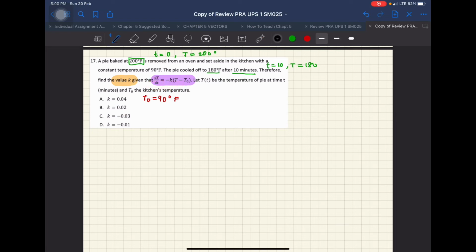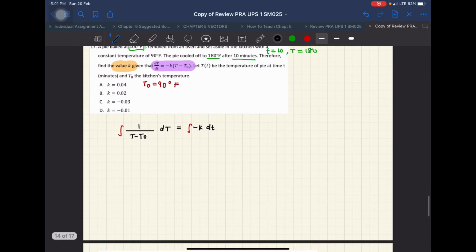So I will get 1 over T minus T naught dT is equal to negative K dt. Alright, so let's integrate. Okay, so yang belah kiri kita akan dapat ln T minus T naught is equal to negative Kt plus C.